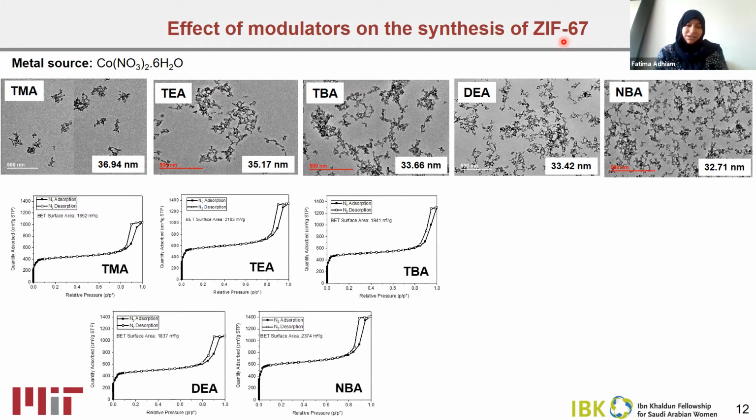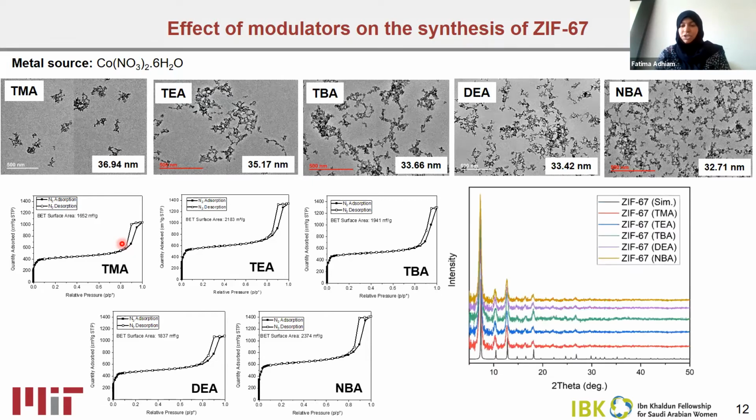Furthermore, the BET surface area of this material confirmed the presence of microporous and mesoporous material, due to the combination of isotherm type 1 and type 4, which confirmed the presence of both. The X-ray diffraction confirmed the phase purity of this material and that it is pure ZIF-67.